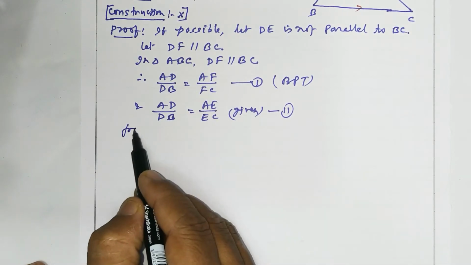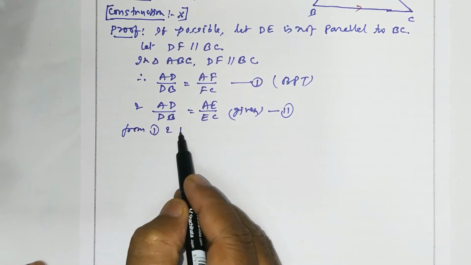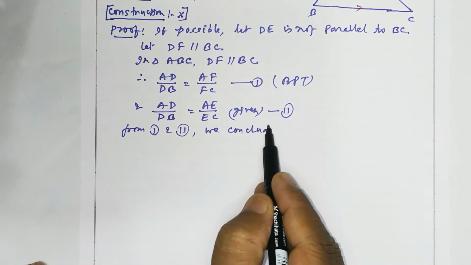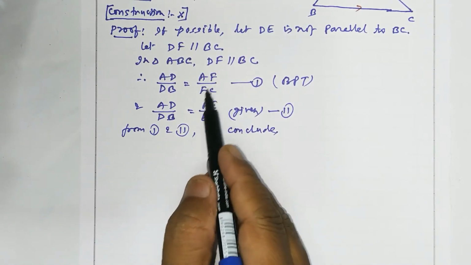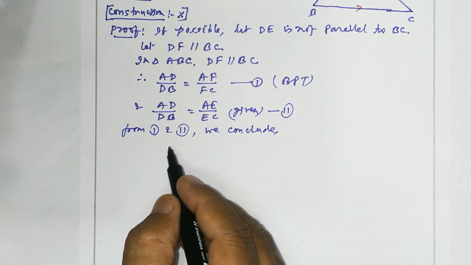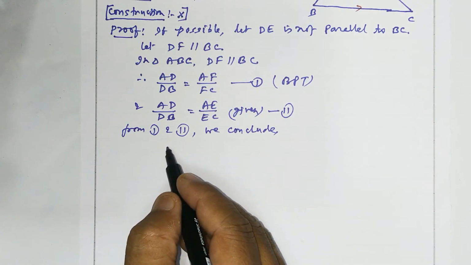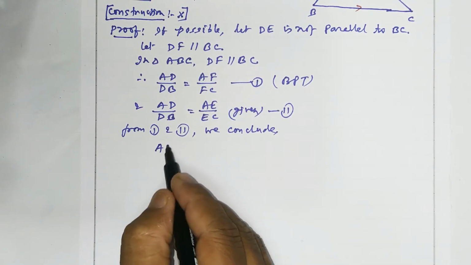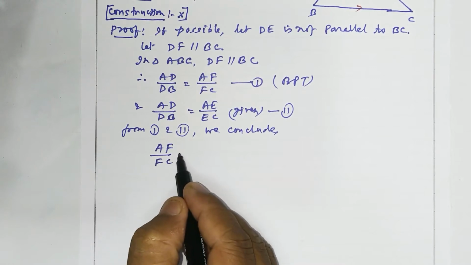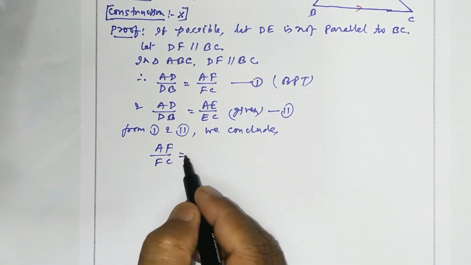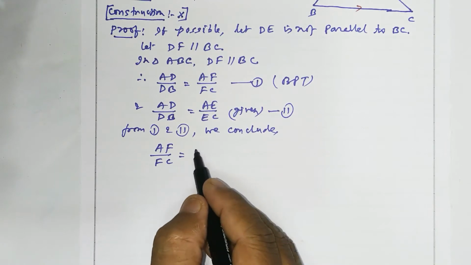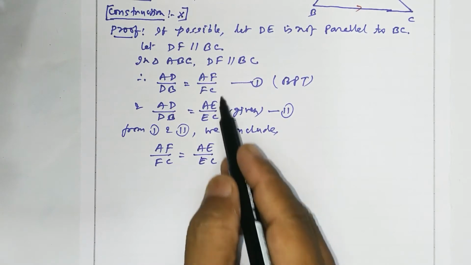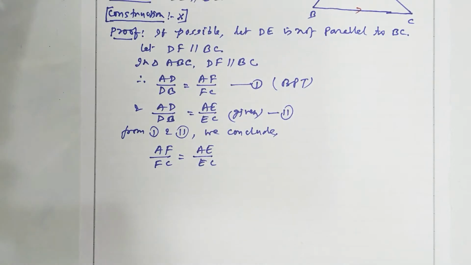From 1 and 2 we conclude AF by FC is equal to AE by EC.